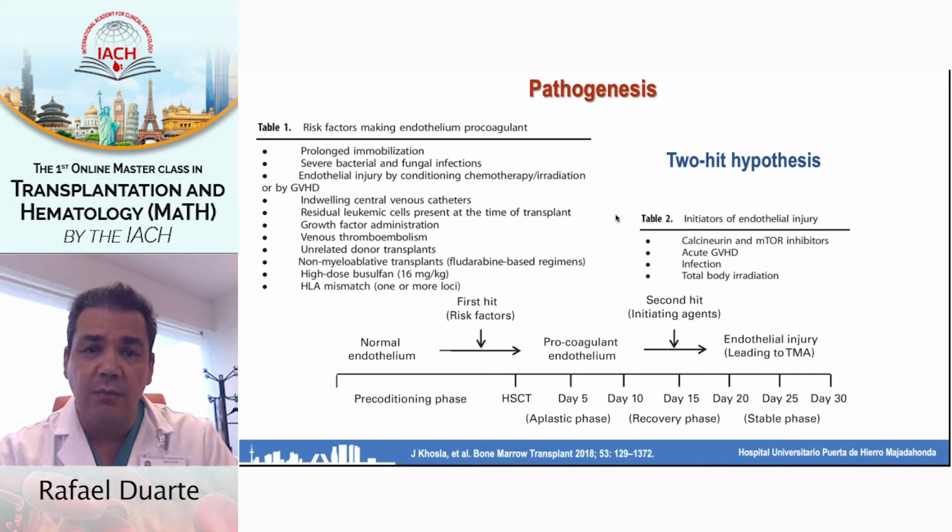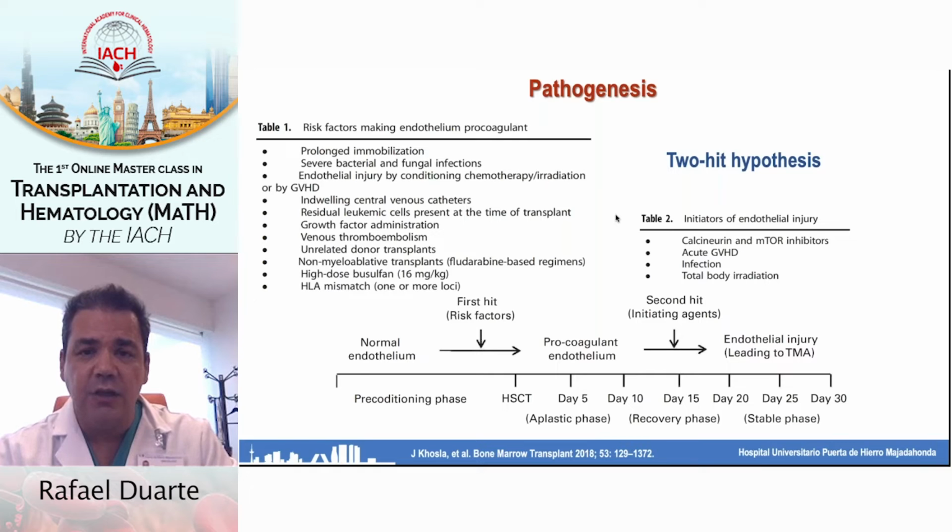There's a first hit over a normal endothelium that includes risk factors that can make this more procoagulant, more pro-inflammatory, and that includes prolonged immobilization, bacterial and fungal infections, endothelial injury coming from chemotherapy, radiotherapy, CVCs, residual leukemic cells, growth factor activation, thromboembolism, unrelated donor transplants, many factors, many types of drugs, busulfan, many types of transplant-related risk factors are risk factors for endothelium injury and procoagulation.